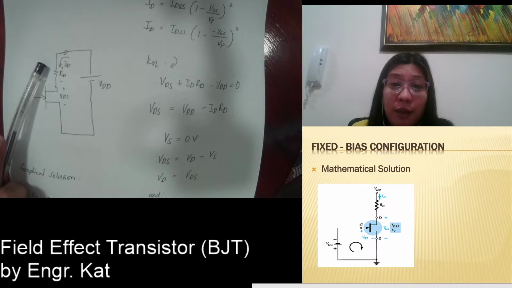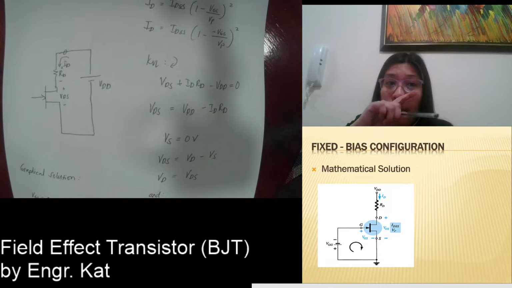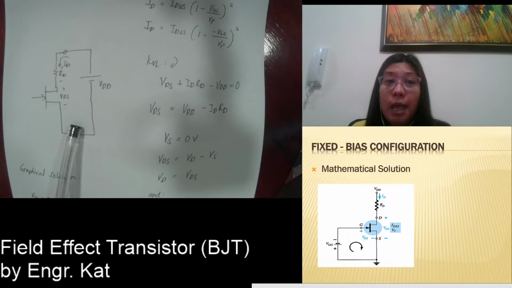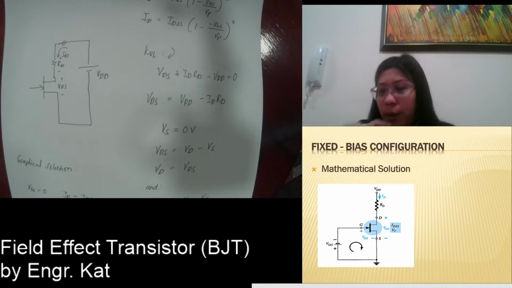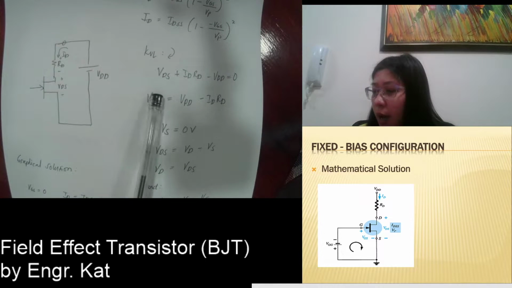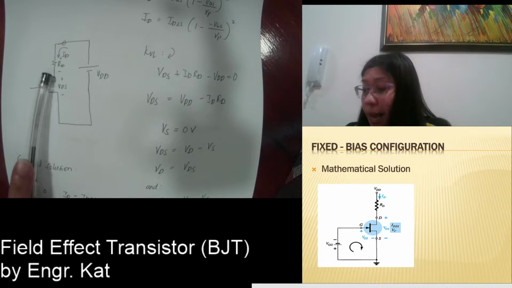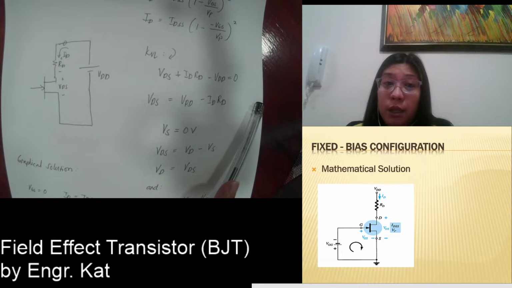So this is your positive point, and then we have minus here, that is your negative point, and then we have here your positive VDS, positive at the drain and negative at the source. Okay, so using KVL again in a clockwise manner, we have positive VDS plus IDRD minus VDD is equal to 0.